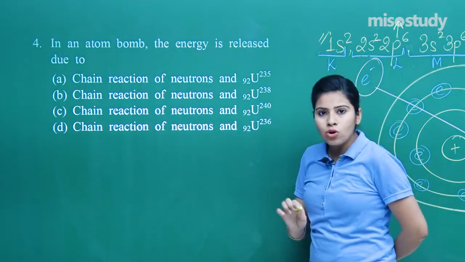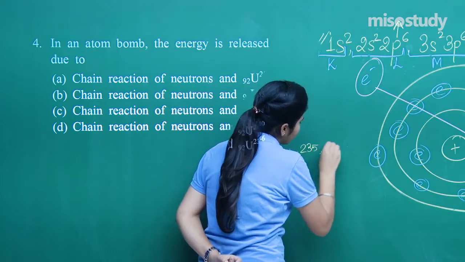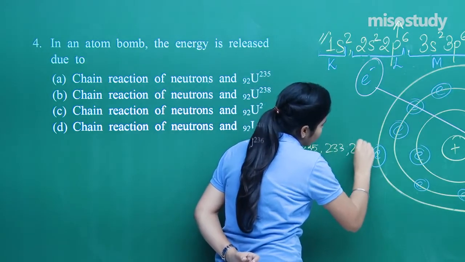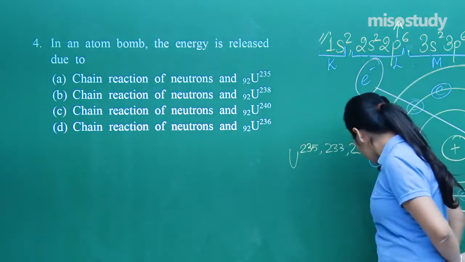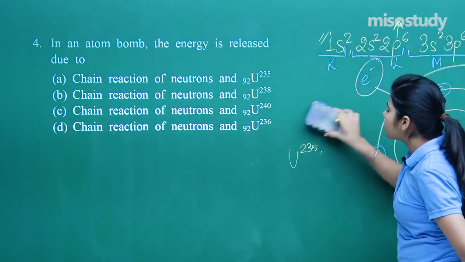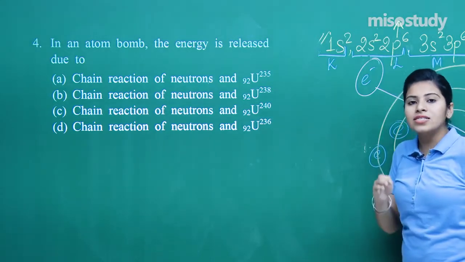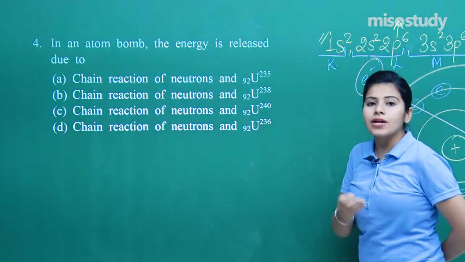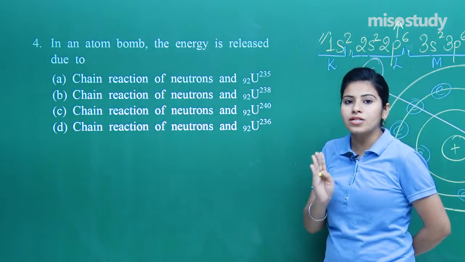But what I know is that uranium has isotopes U-235, 233, 238. Now we will be using here the reaction that we have studied in the nuclear chain reaction, as I have told you in the theory, and also for the competitive exam I have made this question very clear.